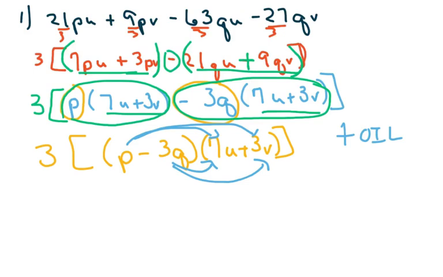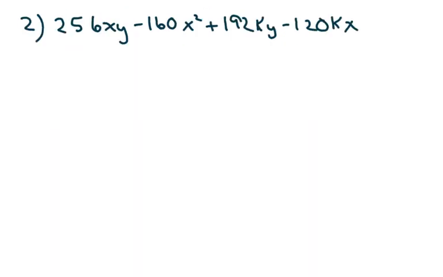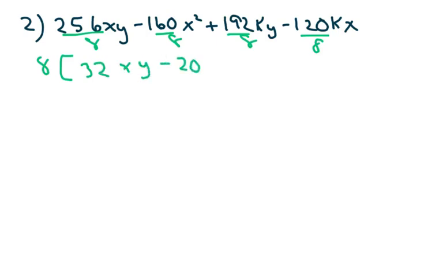Now, the next one's kind of hard as well. We first have to pull out, these are all divisible by 8. In other words, I can factor out an 8 of all of this, so I'm going to do that first. When you do that, you get 32xy minus 20x squared plus 24ky minus 15kx.